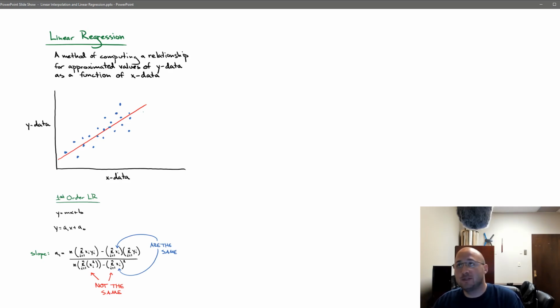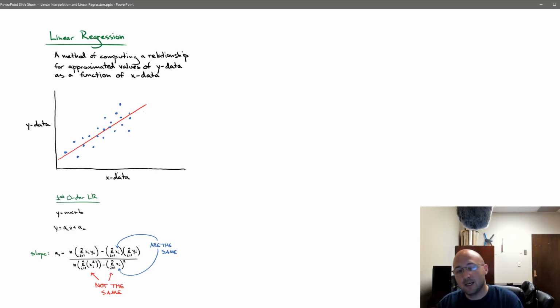They don't distribute across the whole numerator and the whole denominator. It's n times the first term in the numerator, and it's n times the first term in the denominator. It's not n times the whole numerator and n times the whole denominator. So please don't factor out the n's, and please be aware of the difference between the summation of xi terms and then that summation value squared, and where we square each x term and we sum up the squares of the terms.